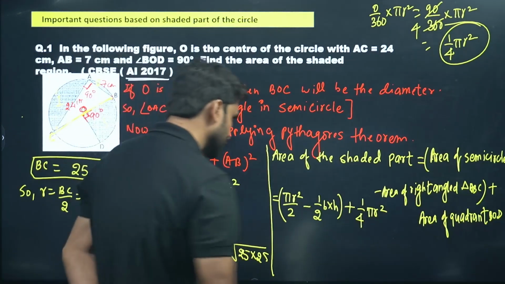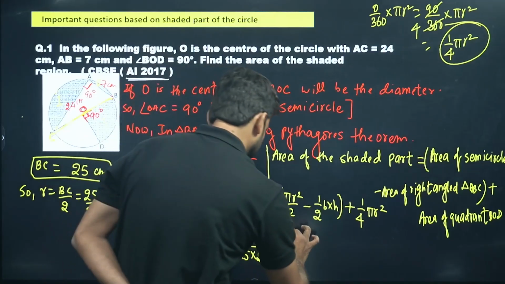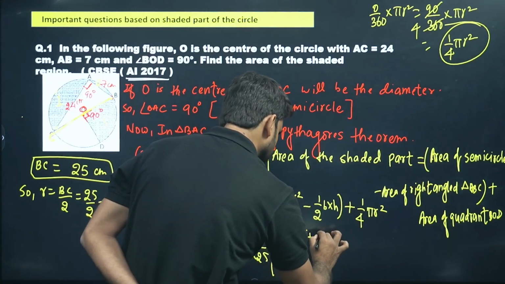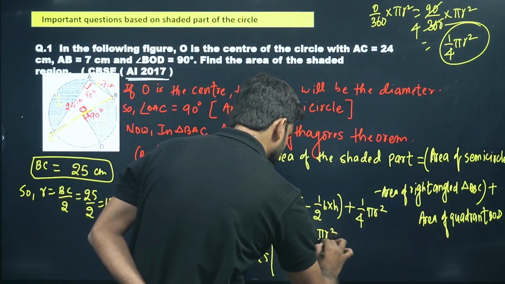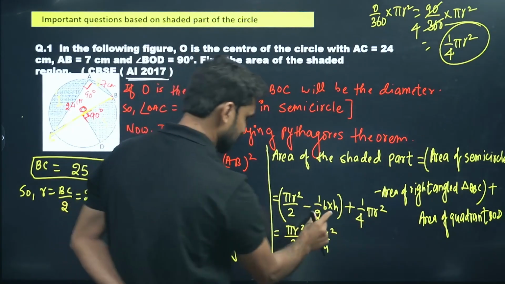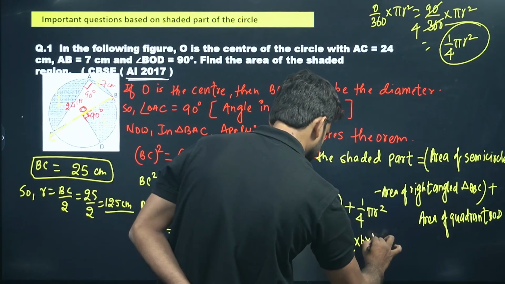Simple. Just look at the statement here. We can open it: pi r square by 2 plus pi r square by 4, taking both together, minus half base into height.